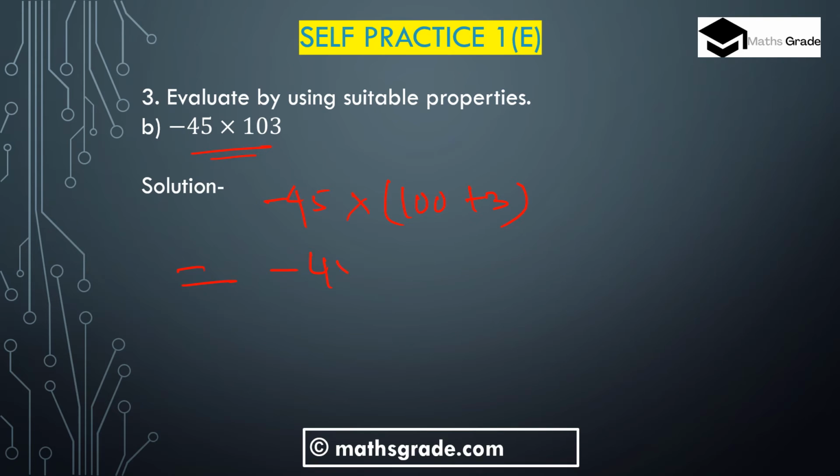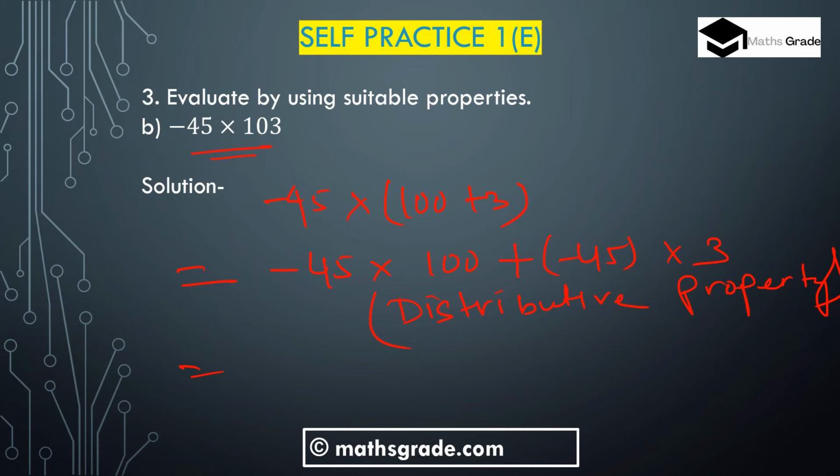Now minus 45 multiplied by 100 plus minus 45 multiplied by 3. And this property is the distributive property of multiplication over addition.